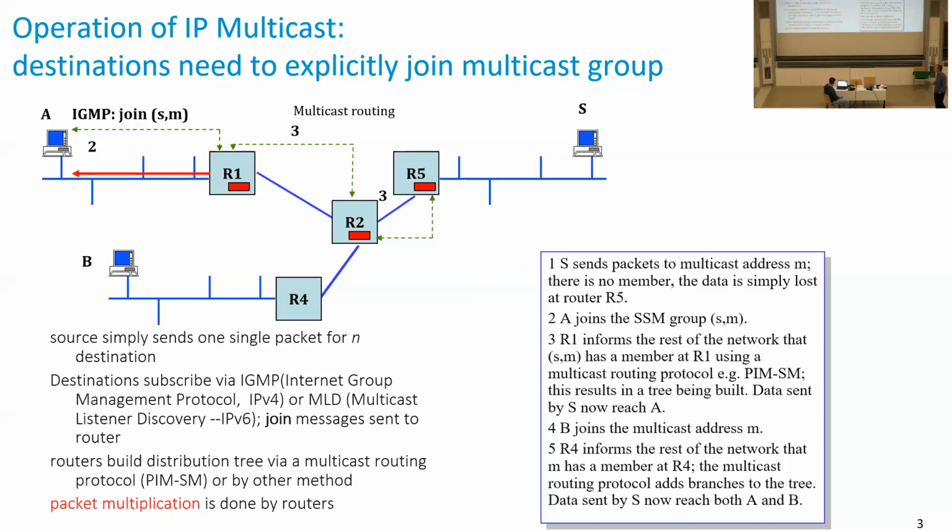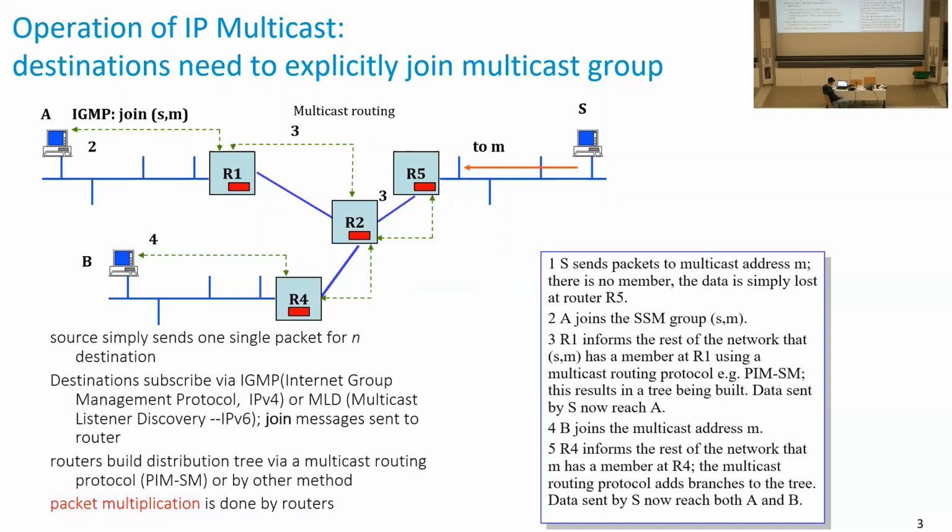So far, there's only one receiver. It's not very interesting. What happens when hopefully another receiver joins? Hopefully, there are many of those. So there will be, again, the same thing done by R4. The difference is now R4 will contact R2 via the multicast routing protocol, but this will stop here. R2 now already receives the data, so R2 updates its red block, and now R2 has the job.